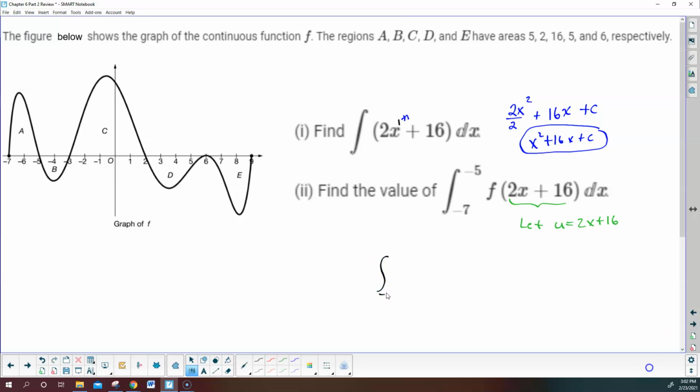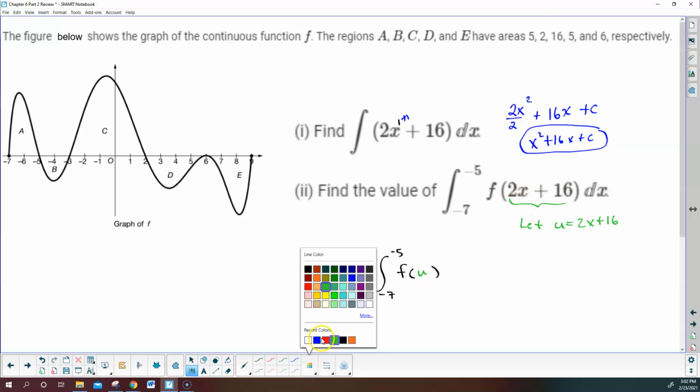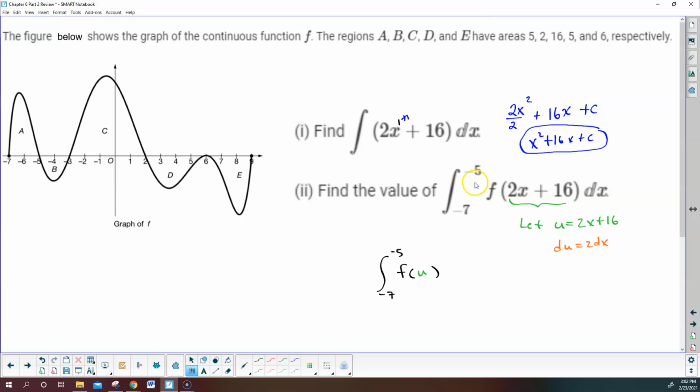So then I want to go from -7 to -5 of f of u, because we're replacing this with u, and then du is the derivative of u, which is just 2 dx. But I don't have an extra 2 represented, so we have to move the 2 over. And that 1/2 just becomes a multiplier.